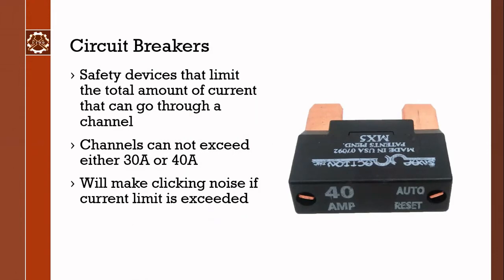You use different breakers based on whatever you are using. For example, if you're using a motor, you would use a higher breaker than you would for some other part of the robot. It also makes a clicking noise if the current limit is exceeded. So that's also nice.